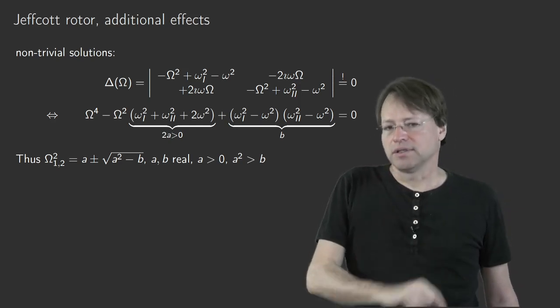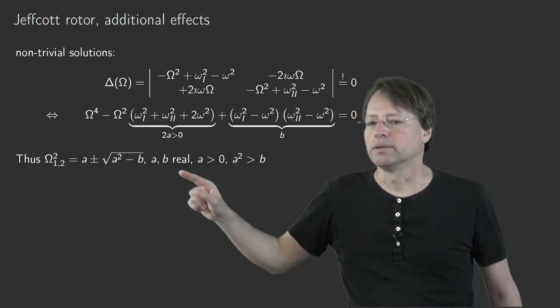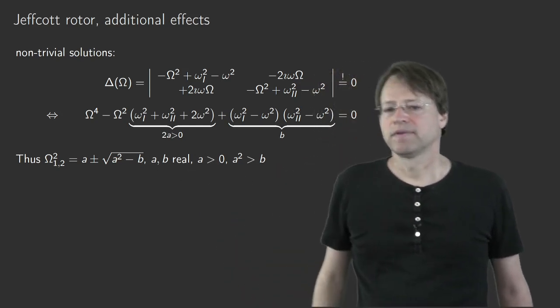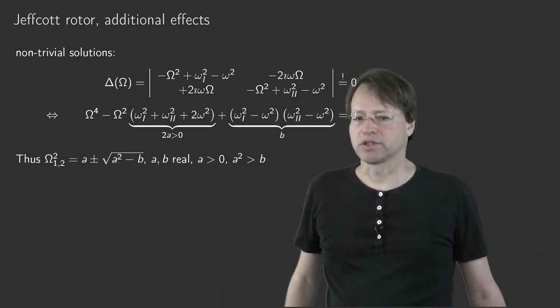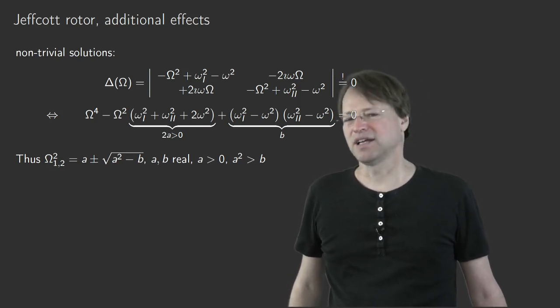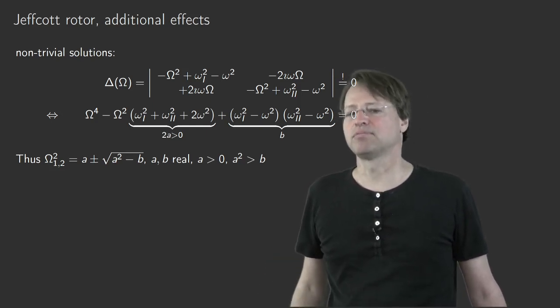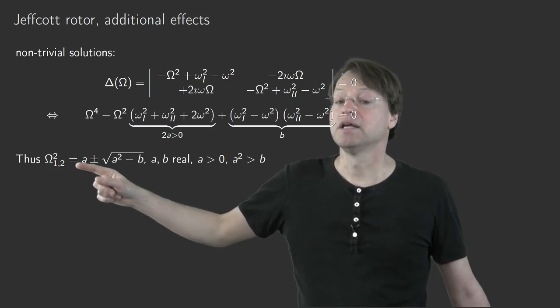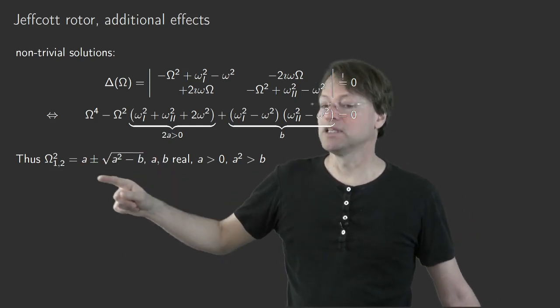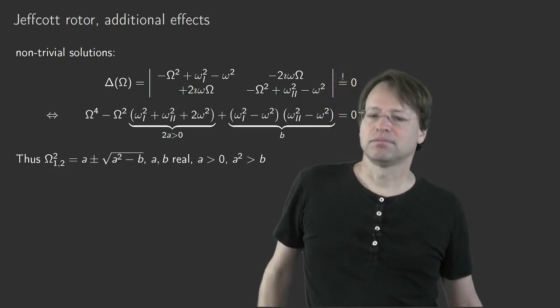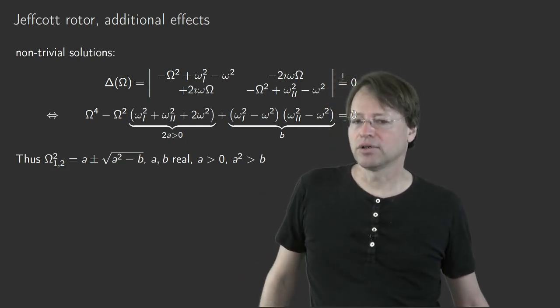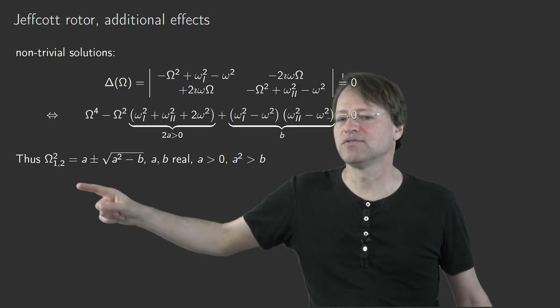What is the consequence for capital omega? Well, a is positive. That's good, because if a is negative, you would already have a problem, because keep in mind, for stability reasons, you should avoid having an imaginary part, so not a real solution here for omega squared.